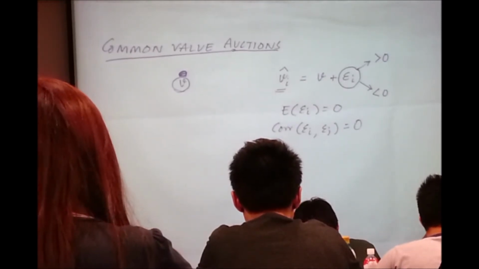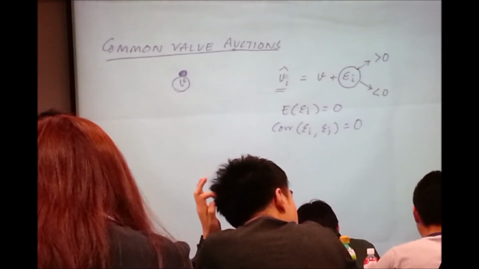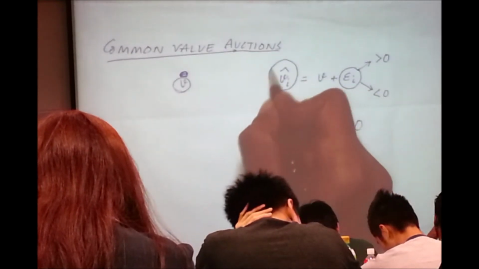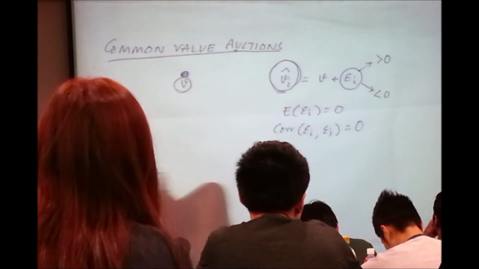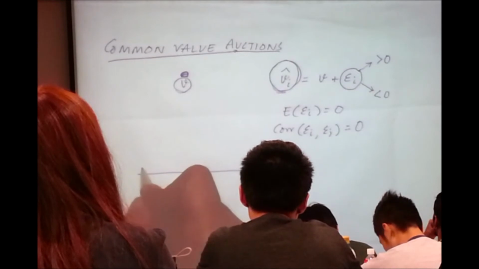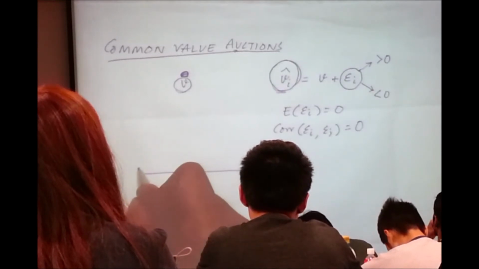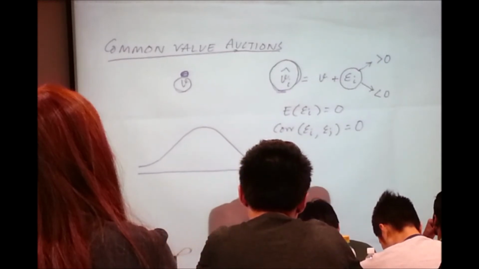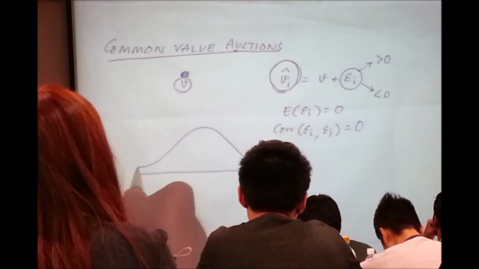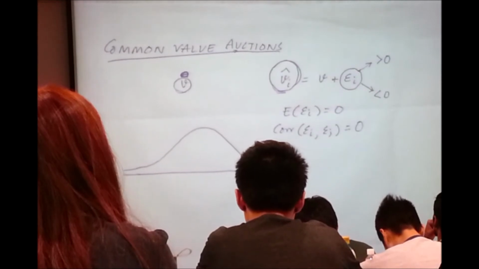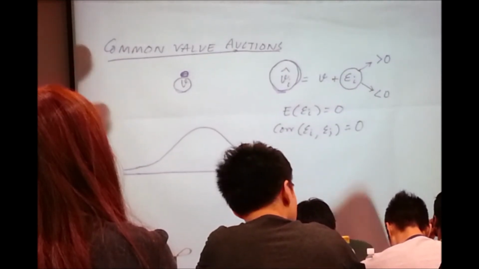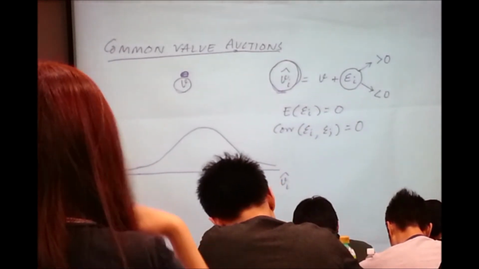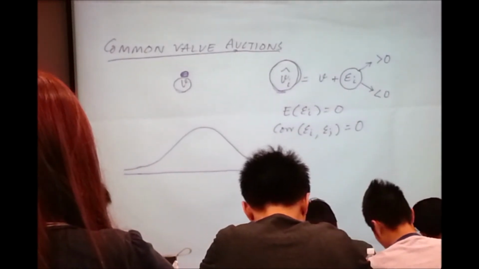So suppose I assume that bidders' estimates are normally distributed. My treatment of this is going to be qualitative, so don't worry about the normal distribution. Now I am plotting bidders' estimates here. They are normally distributed.